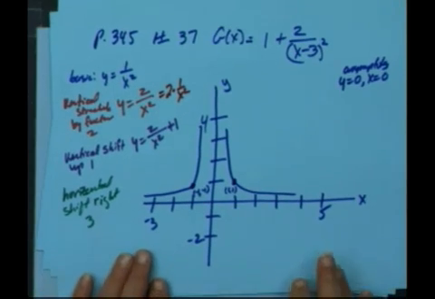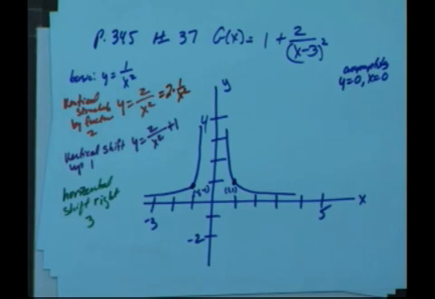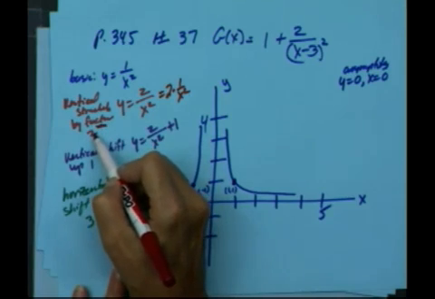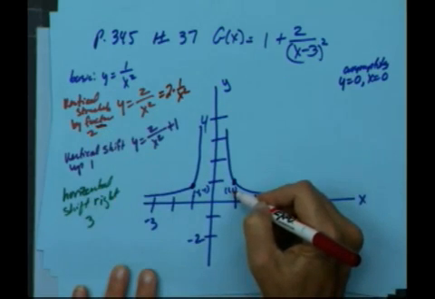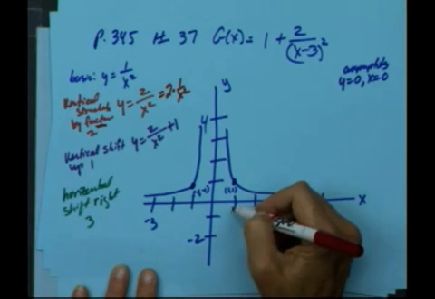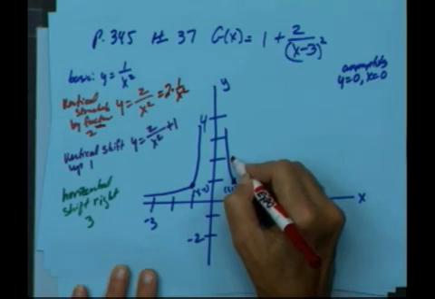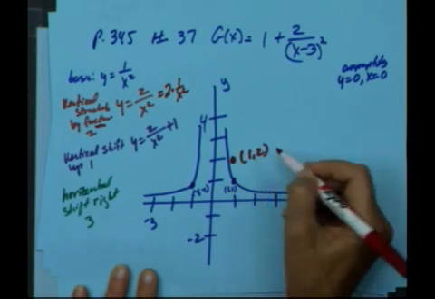Okay, now we're going to do a vertical stretch of 2. Stretch by factor of 2, so the y values are multiplied by 2. So now 1 times 2 is 2, so now we have the point 1, 2.